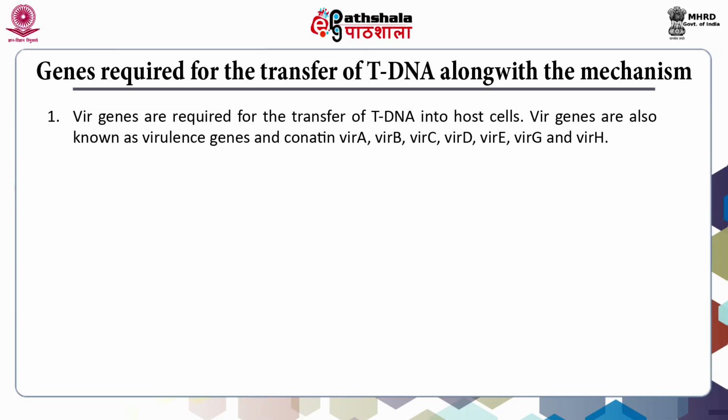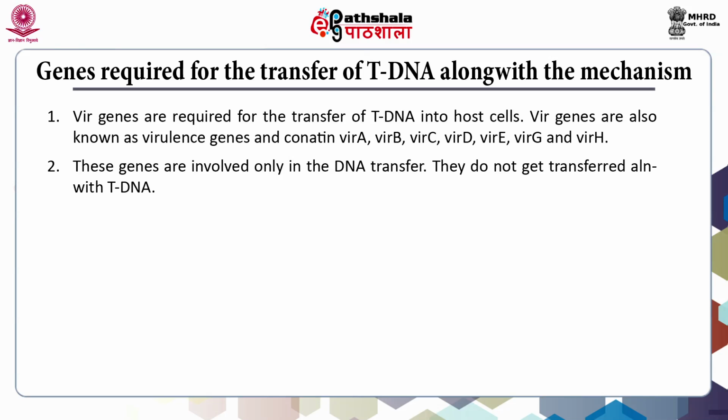Now, Vir genes or virulence genes are the genes that are required for the transfer of tDNA into host cells. They contain VirA, VirB, VirC, VirD, VirE, VirG and VirH genes.